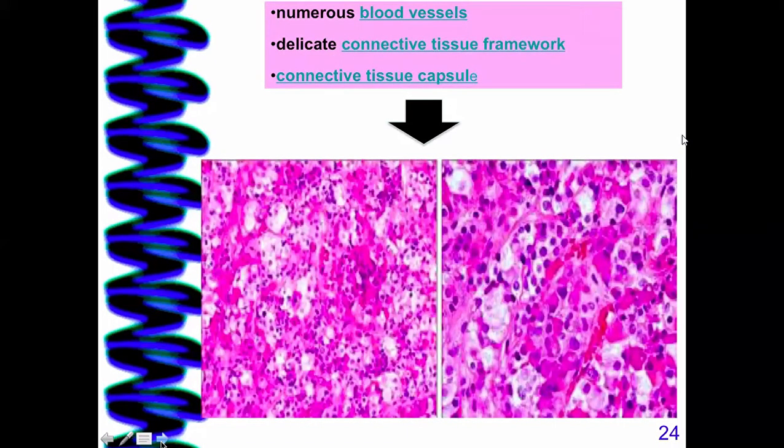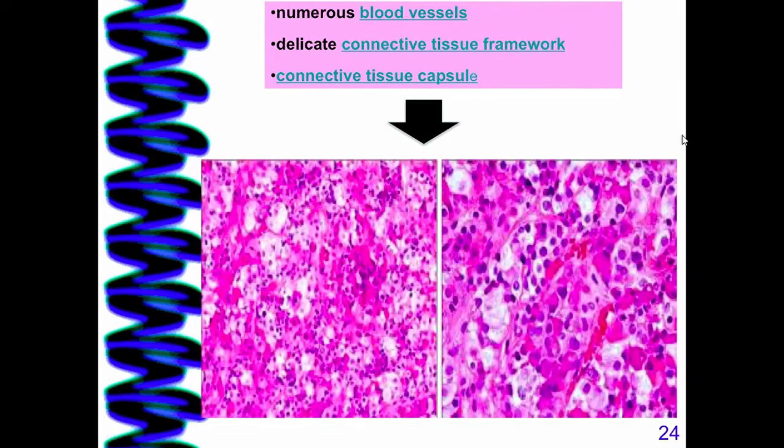So aside from the cells present in the anterior pituitary gland and the different divisions, the pituitary gland also consists of many blood vessels, no? Maraming blood vessels doon. So we know why. Because they are endocrine glands, okay?